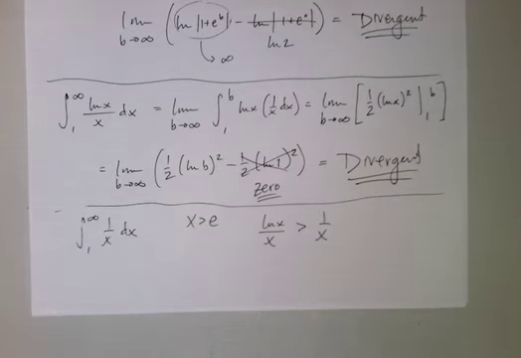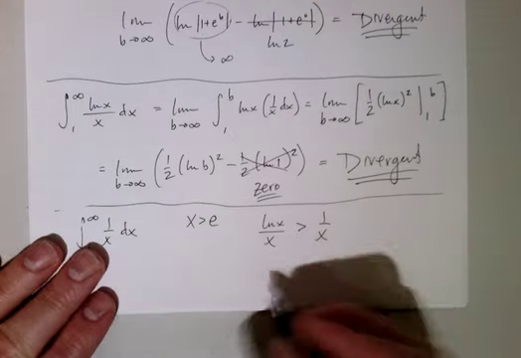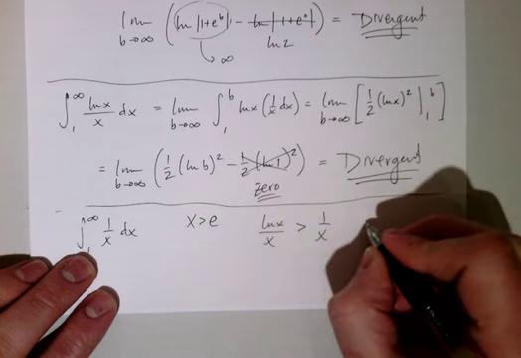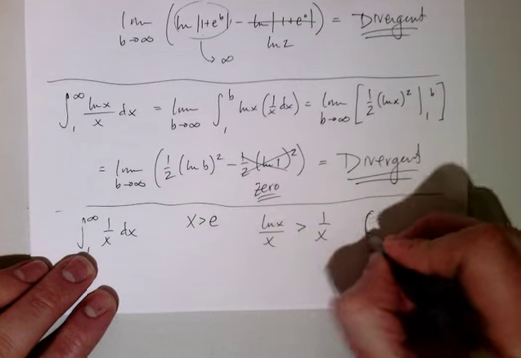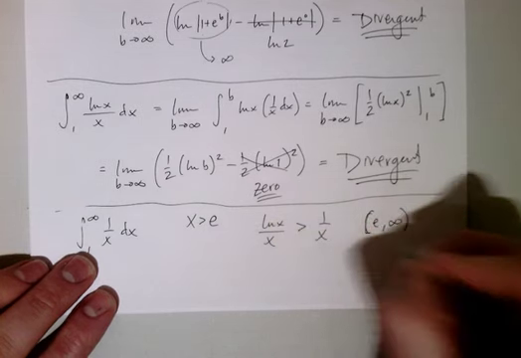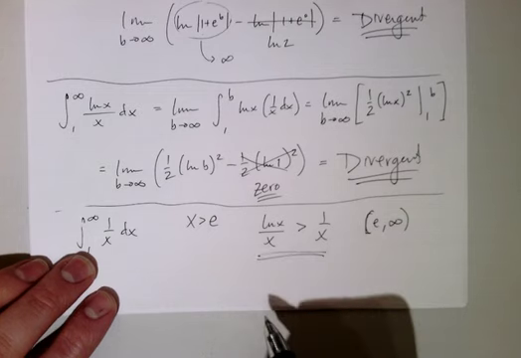And what happens between 1 and e, which remember is about 2.7 something? Between 1 and e, the fact that 1 over x is higher is negligible because that's such a small portion of the interval. But for the rest of the interval, from e to infinity, this is true.